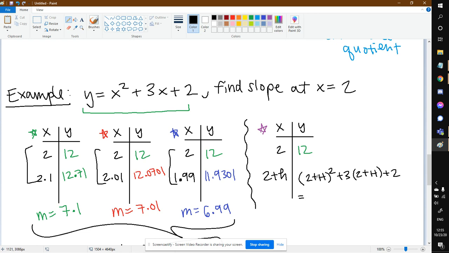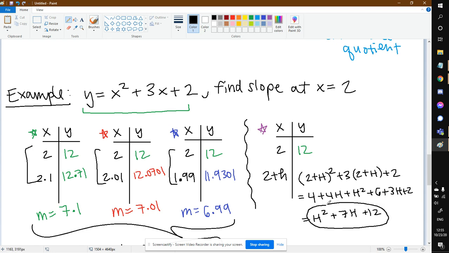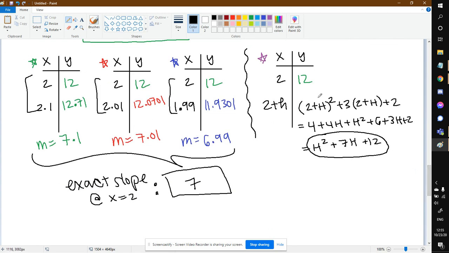And then I like to simplify things to make them easier to deal with. I'm distributing. I'm simplifying my terms. I get h squared plus 7h plus 12. So this is my y term when I plug in 2 plus h.